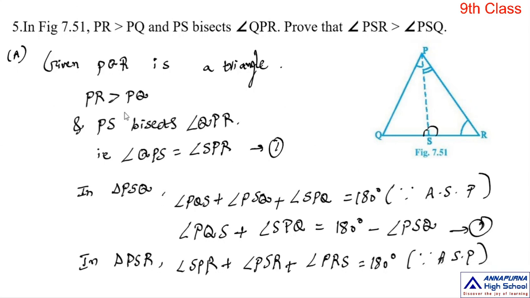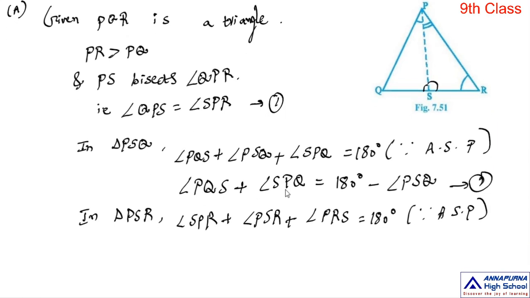We transpose angle PSR to the right hand side in the above condition. So angle SPR plus angle PRS is equal to 180 degrees minus angle PSR.